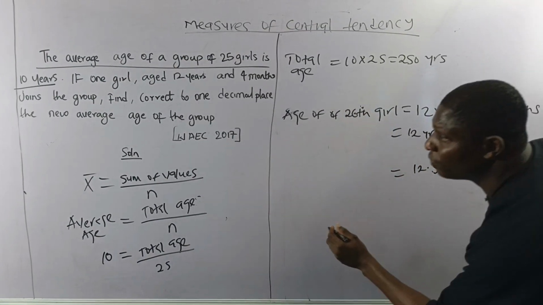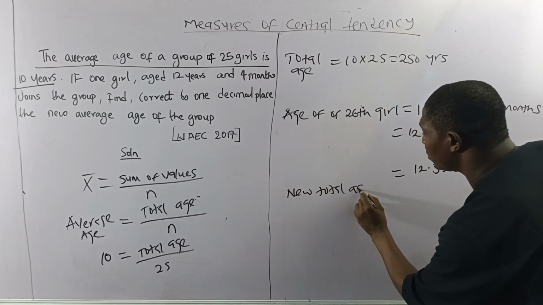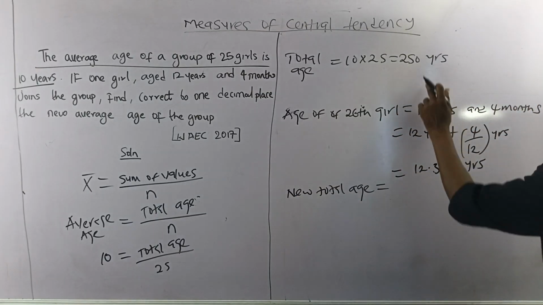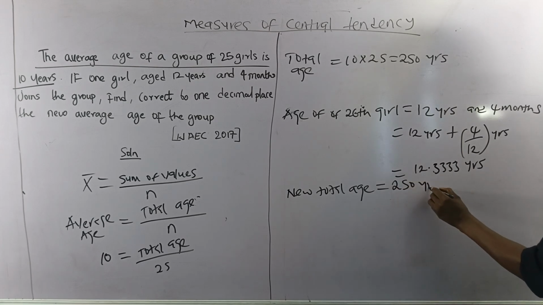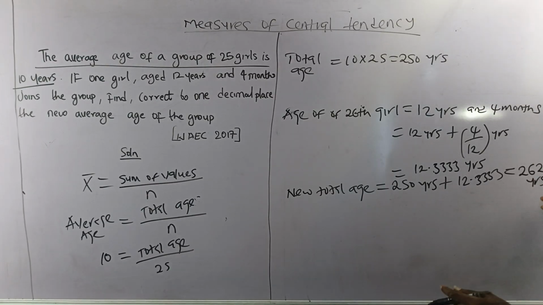Now the new total age will be equal to 250 years plus the age of the 26th girl, 12.3333, to give me 262.33 years approximately.